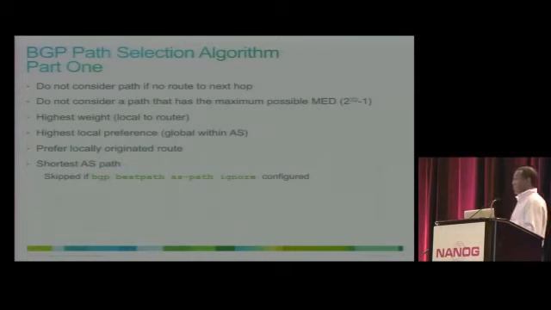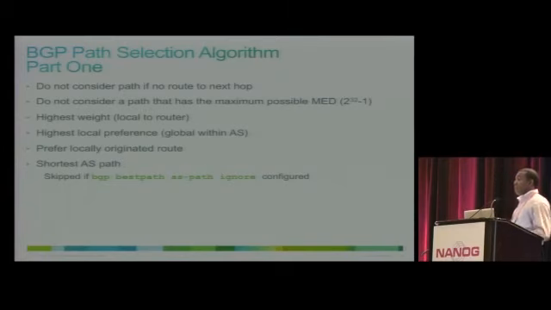So if a weight is configured for a specific prefix, that weight will have a higher preference than any other. The next one is local preference, which is very influential. If you remember, local preference determines how traffic exits an autonomous system. Again, a higher local preference is preferred.